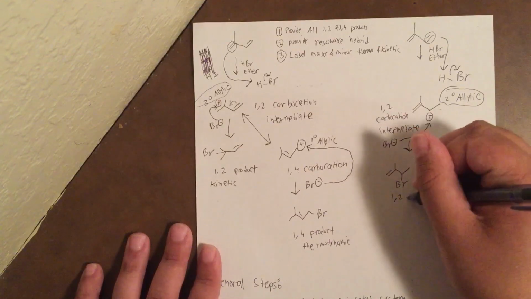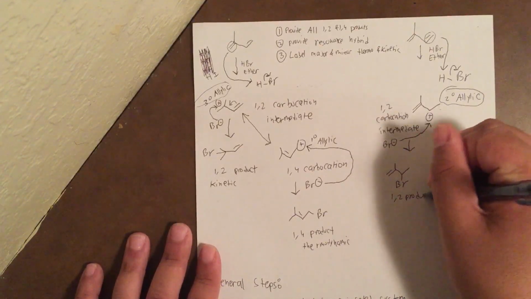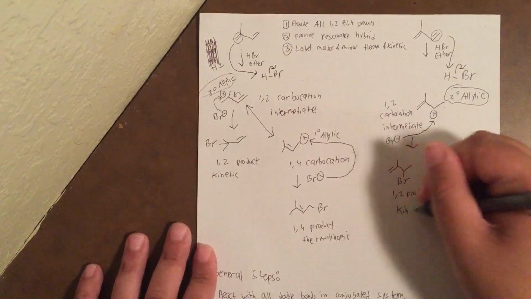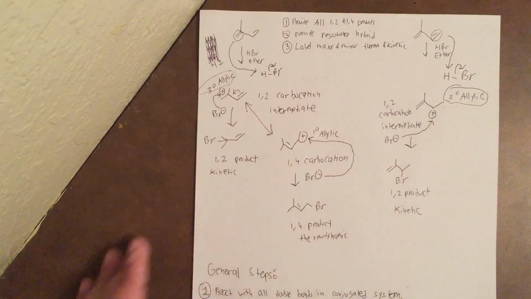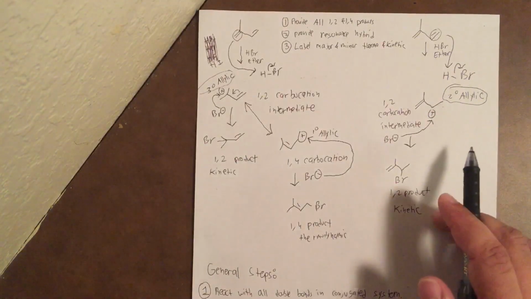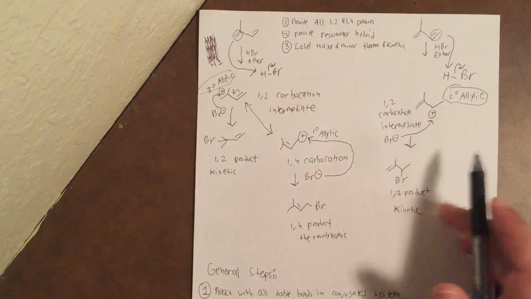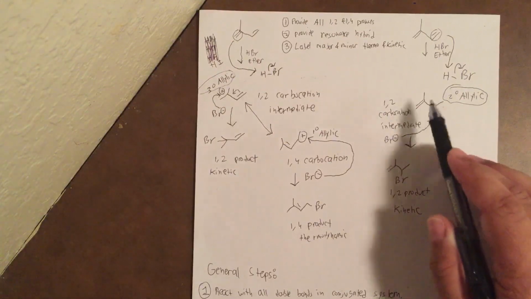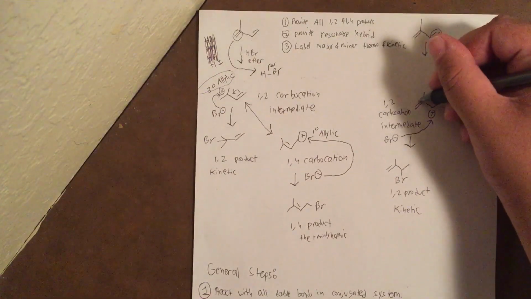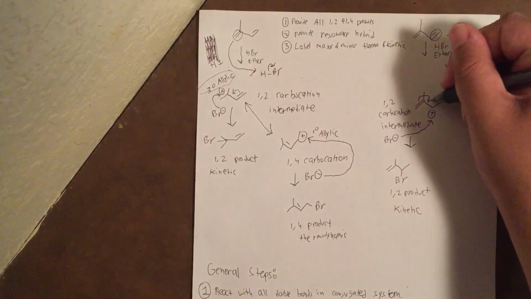So here's my 1,2 product, and like we said before, 1,2 products are almost always going to be the kinetic. So now let's look for the thermodynamic one. What we can do is resonate this pi bond, and we're going to resonate it to move right here.